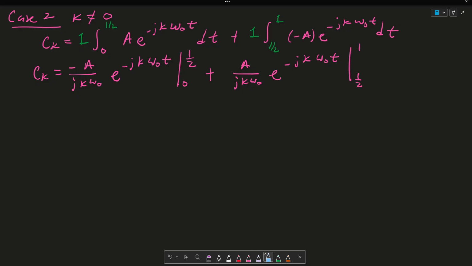I hope we're seeing where we're getting these integrals from, right? This is just simply the integral of an exponential. What I'm going to do here is bring this j to the top, so this becomes a positive.